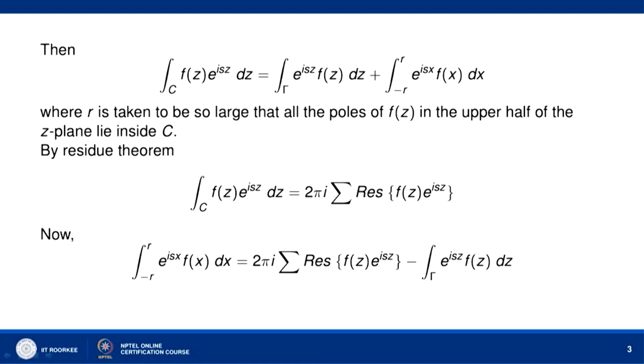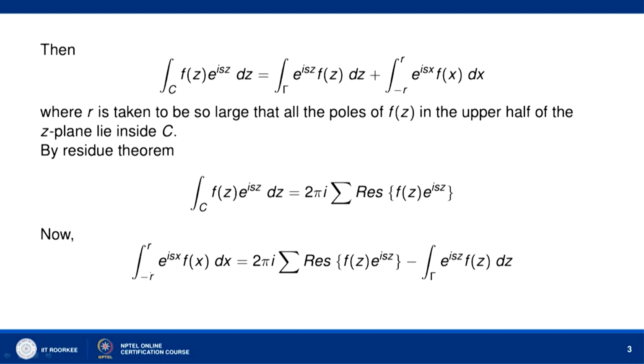Then by the residue theorem, the integral over C of f(z) e to the power i sz dz will be 2 pi i times the sum of residues of f(z) e to the power i sz, where we find the residue at all the poles that lie in the upper half plane and take their sum and multiply by 2 pi i.